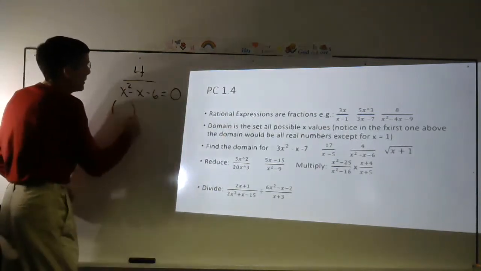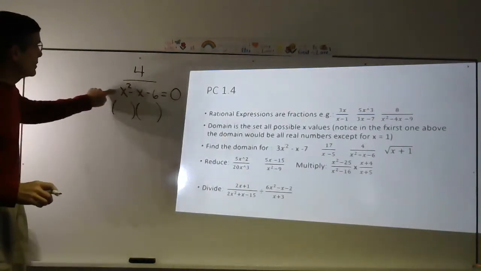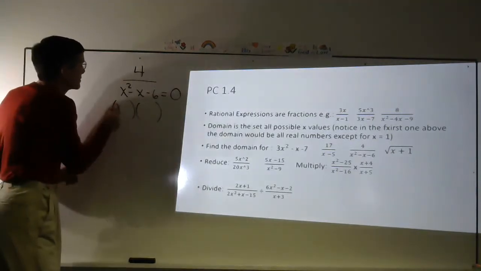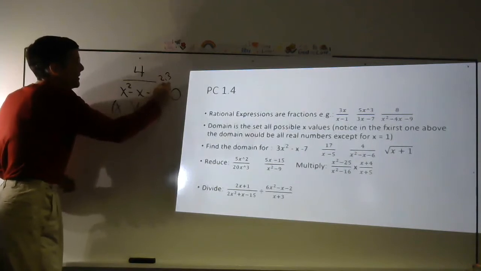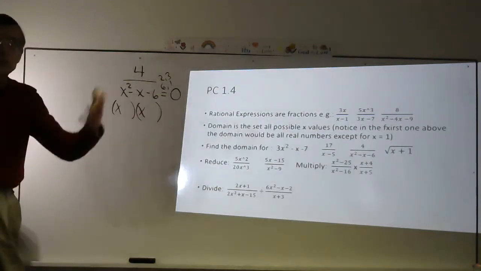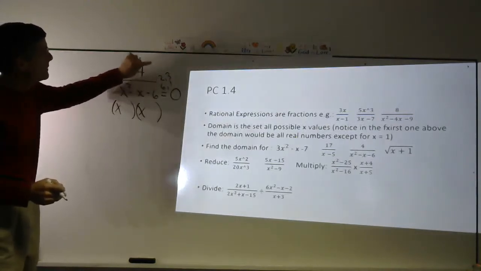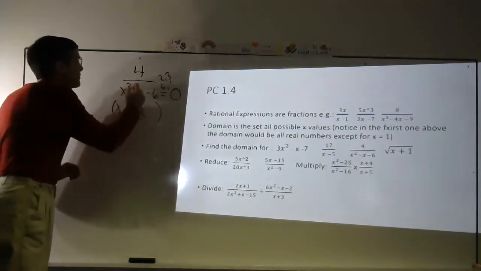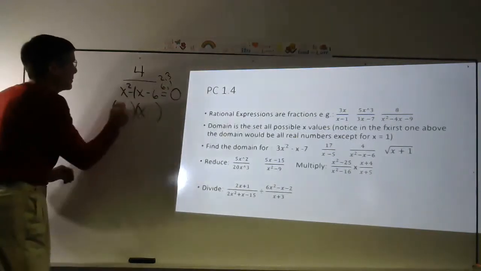This you should recall from the last time, because there's nothing in front of the x squared. It's an easy one. You can put x and x. Factors of 6, 2 and 3, 6 and 1. What is the thought going through your mind right now? I must find factors of 6 that subtract to give me 1. And they are 3 and 2.